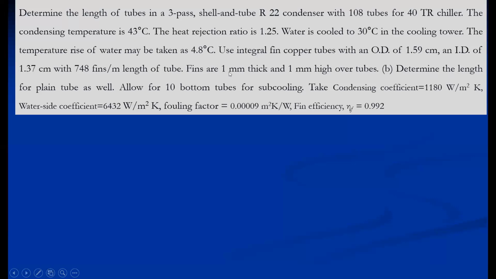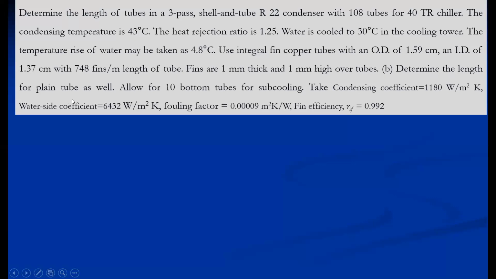And the fins are 1 mm thick and 1 mm high over the tubes. So the integral fin tube information is given: OD, ID, the fin height, fin thickness, number of fins, all the information is given. So that is to calculate the different areas: area with fin, bare tube area, inner tube area. So with the help of this information, we can calculate.